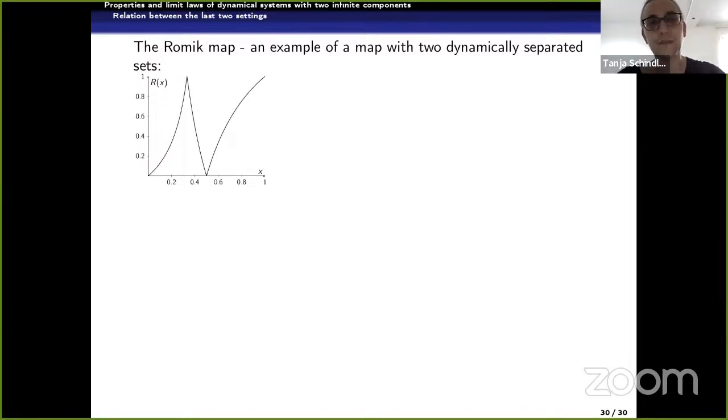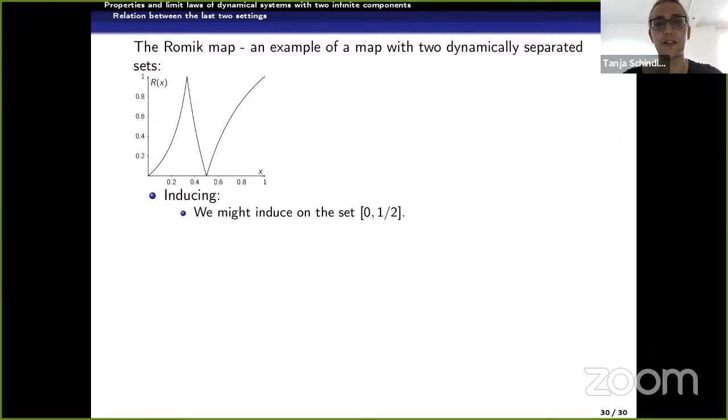So I can give you an example of the Romic map. This map here has an indifferent fixed point here and an indifferent fixed point here, and one could also show that we get this same dynamical separation condition, and then we can do some inducing.